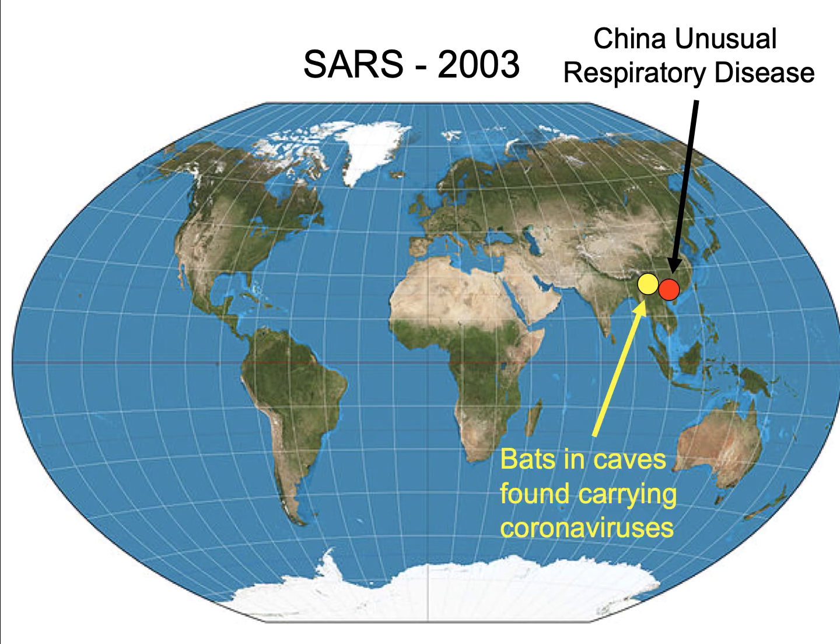And so caves near where this coronavirus outbreak was occurring in Yunnan province in China, the bats were assayed for the viruses that they had, and they found some viruses that were very closely related to that SARS virus, the SARS-CoV.